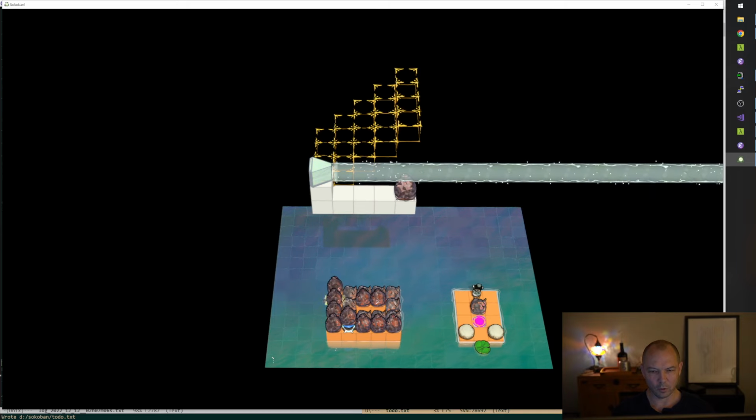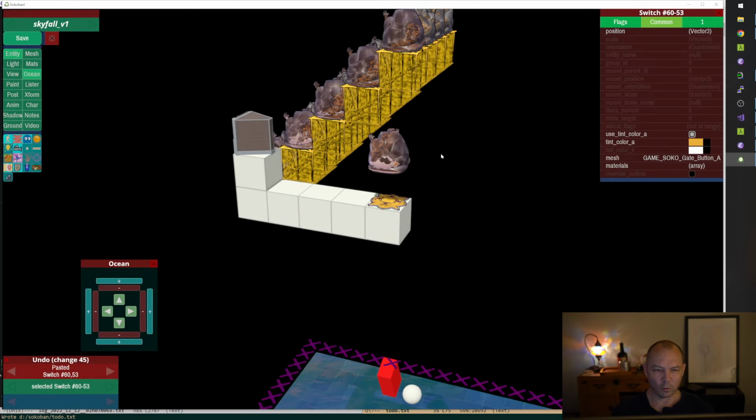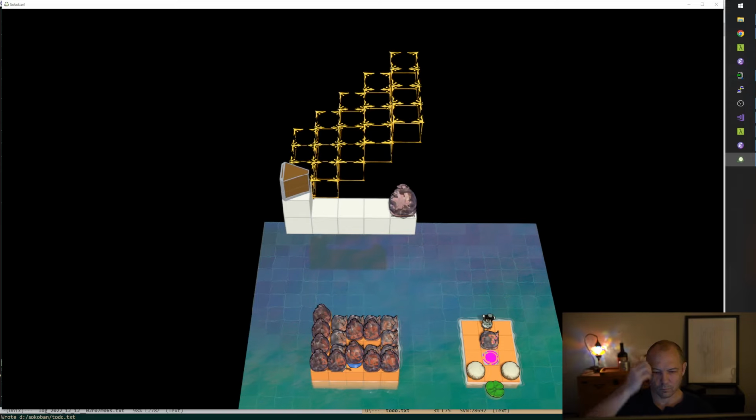Okay, that didn't work because it's the wrong beam type. Okay.